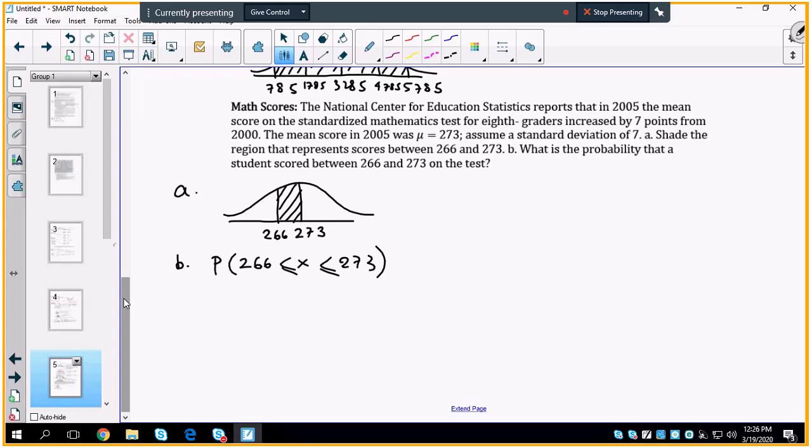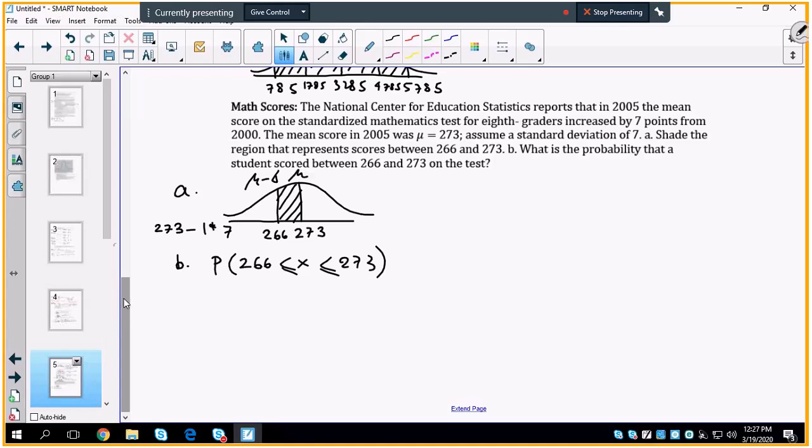So what you would like to do is write 266 as 273 minus 1 times sigma, which is 7. Remember, 1 times sigma, if you subtract 7 from 273, you get 266. What does that mean? It means it's mu minus sigma to mu. How do I know that area?